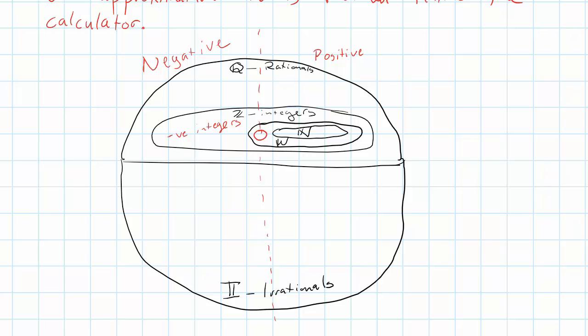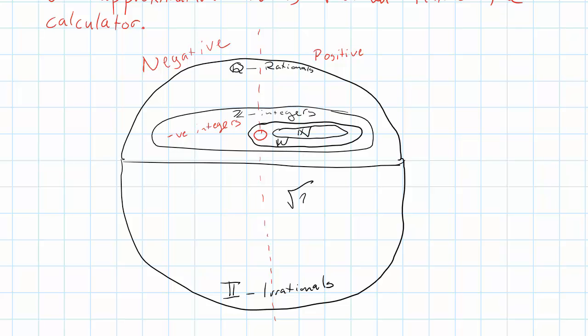And now notice I drew the irrational half a little bit bigger than the rational half. In reality, it's way, way bigger than that. Most of the numbers are irrational. We just don't see them very much because they're hard to write, and they're hard to name, and they're hard to do arithmetic to. We have positive irrationals, we have negative irrationals.